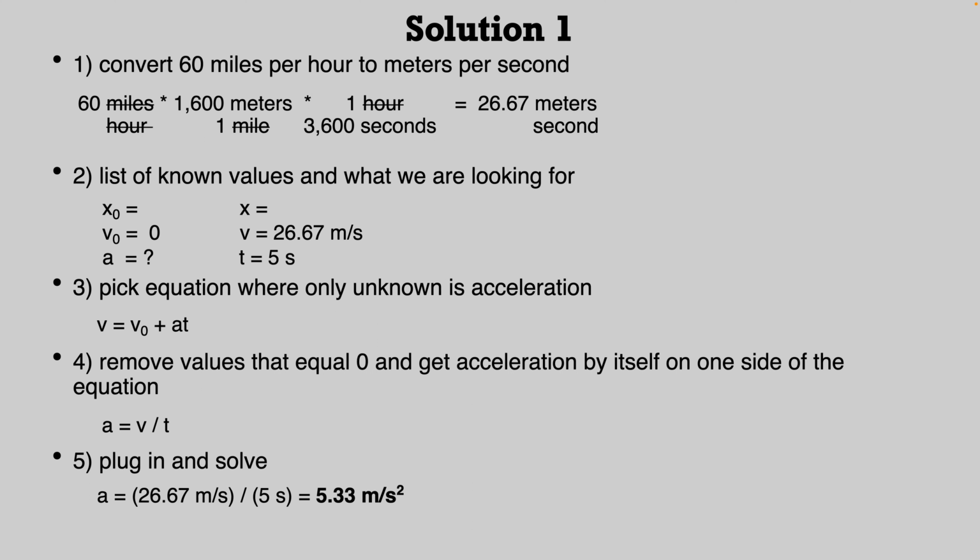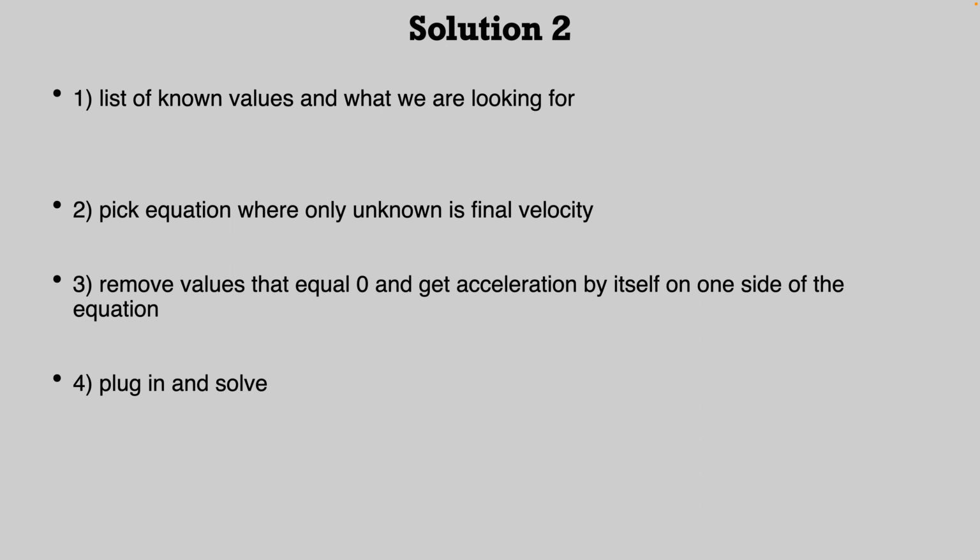Now we're going to the second one. On the second one, we don't have anything to convert, so we can go straight to our list of known values and what we were looking for. The initial distance and initial velocity are both 0.